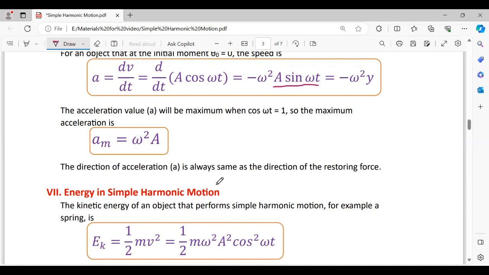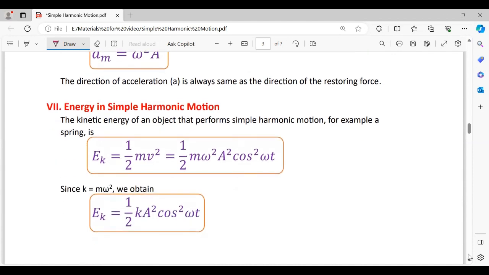Next, for 7, energy: how we calculate energy in a simple harmonic motion. There are 2 types of energy, kinetic energy and potential energy. Now, for the kinetic energy of an object that performs simple harmonic motion, for example a spring, kinetic energy equals half m v squared, or kinetic energy equals half m omega squared a squared cosine squared omega t.